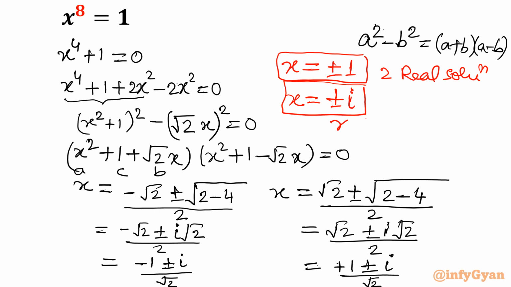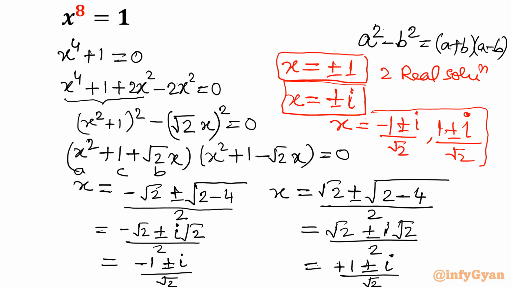So x is equal to minus 1 plus minus iota over root 2, 2 roots, and plus 1 plus minus iota over root 2. So 4 roots, 2 here, 2 here. Overall 8 roots are there, and out of the 8 roots we have 6 complex and 2 real, as you can see by both the methods.